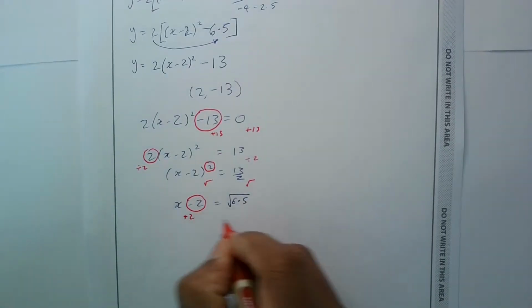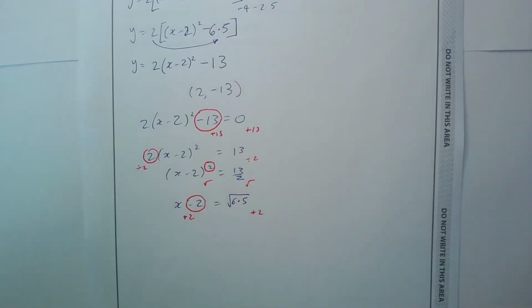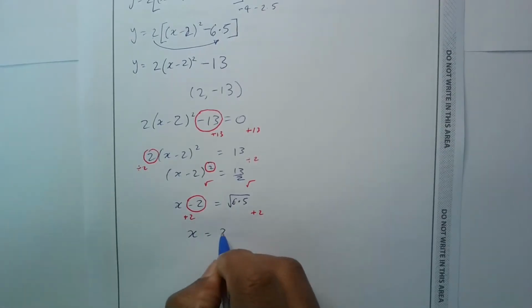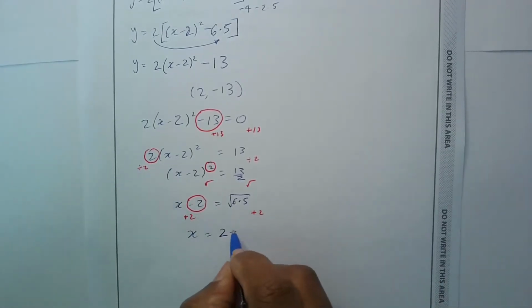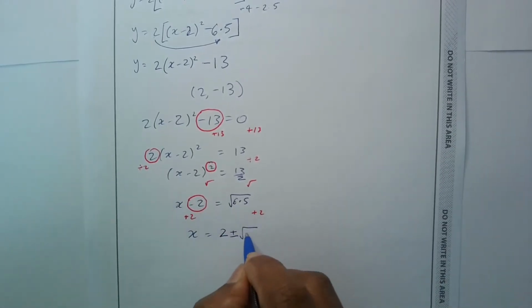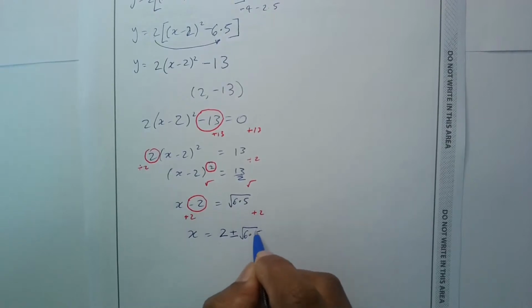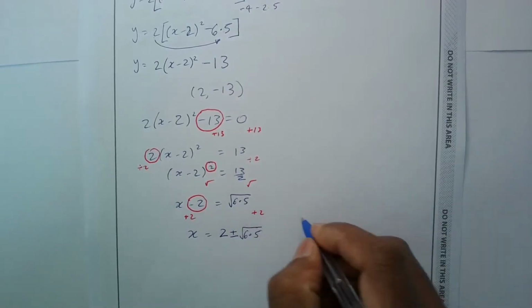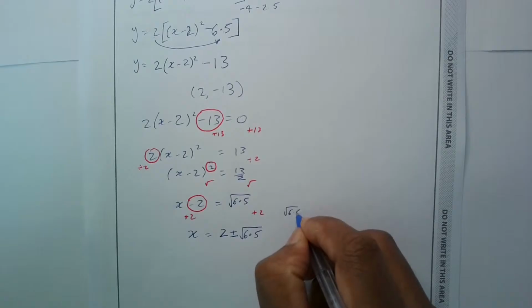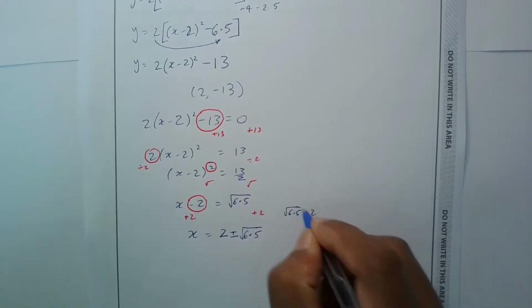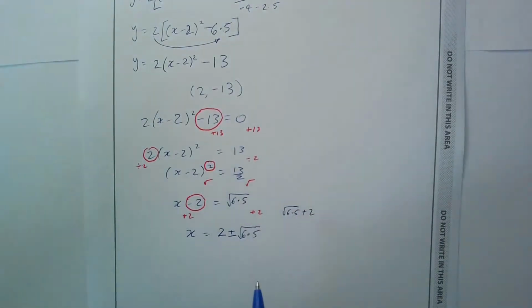So I need to add 2 on both sides. So this now becomes x equals 2 plus or minus the square root of 6.5. So remember, there's 2 possibilities when you square root it.